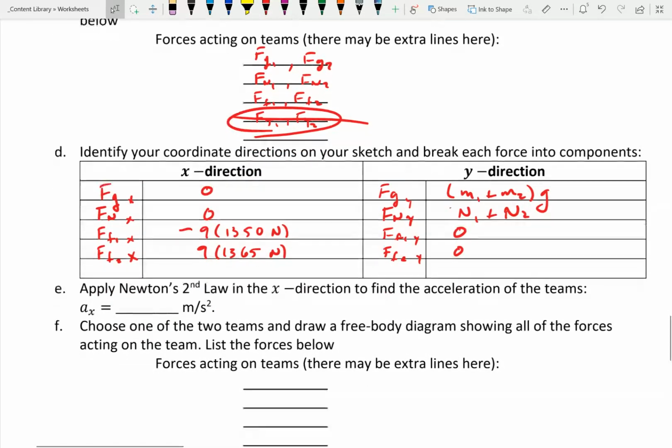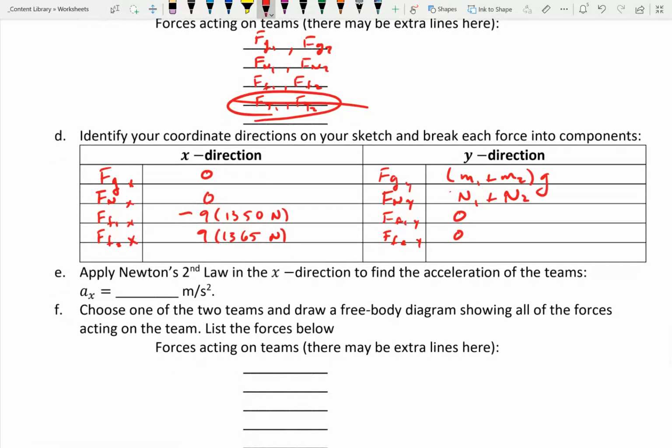So, apply Newton's second law in the x direction. Well, in the x direction here, just taking this column, sum of forces in the x direction is equal to mass 1 plus mass 2, because it's the combined teams, a_x.